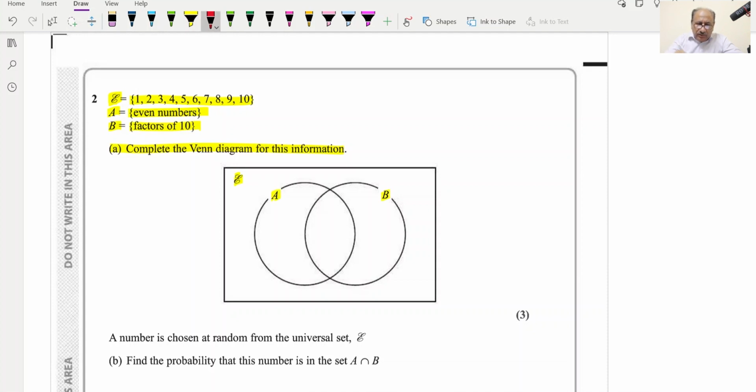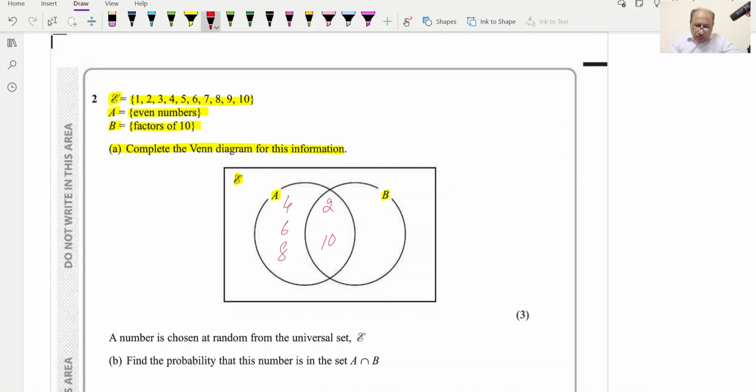We will write the numbers: for A we will write the even numbers, and even numbers which are also factors of 10 will come in the intersection. So 2 is even and also a factor of 10. Similarly 10 is even and also a factor of 10, so this will be in the intersection area. Other even numbers which are not factors of 10, we will write here: 4, 6 and 8.